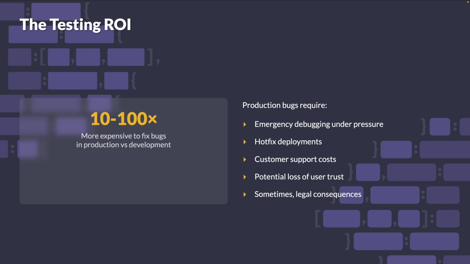Studies consistently show that finding and fixing a bug in production is 10 to 100 times more expensive than finding it during development. That's because production bugs require things like emergency debugging under pressure, hotfix deployments, customer support costs, potential loss of user trust, sometimes legal consequences.